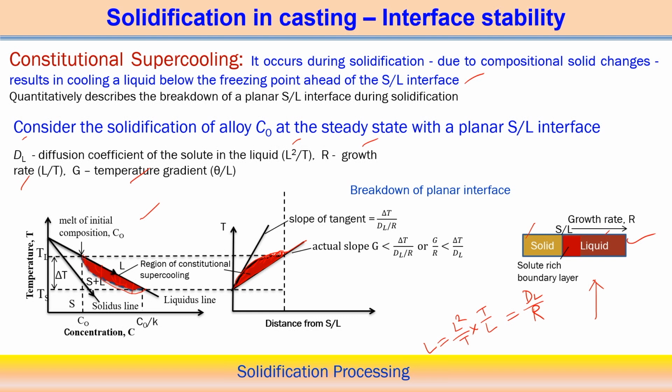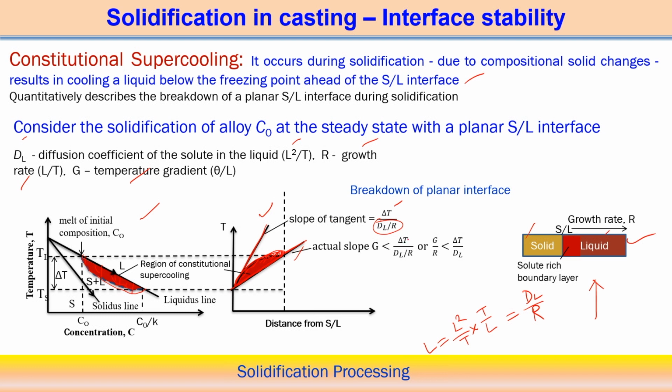And here, what is the slope of the tangent at this point when the constitutional supercooling state exists? At a particular temperature, we see the degree of undercooling delta T, and dy by dx, with dx equal to D_L by R. So delta T by D_L by R indicates the slope at this particular point, but the actual slope is the temperature gradient at this point, which is G. Now, breakdown of the planar interface will occur if the actual slope G is less than this other slope.